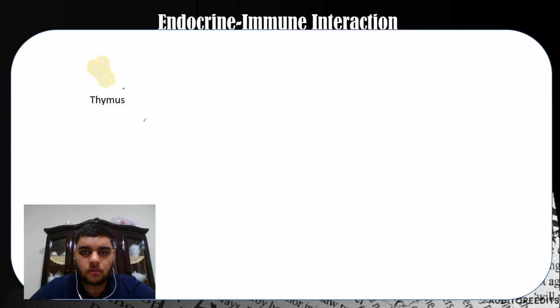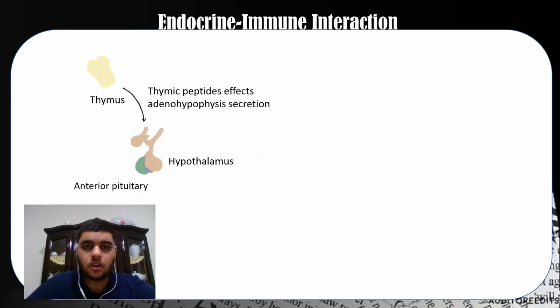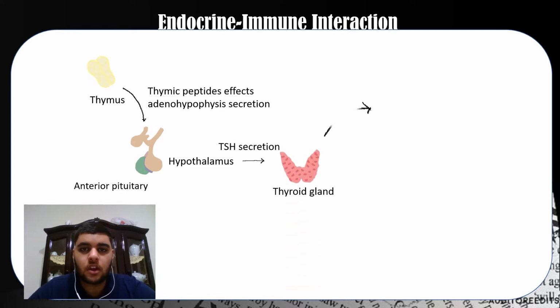With the endocrine-immune interaction, early studies demonstrated that thymopeptides can have a positive effect on the secretion of hormones from the adenohypophysis. The anterior pituitary secretes thyroid-stimulating hormone, which enhances the phagocytic activity of dendritic cells.